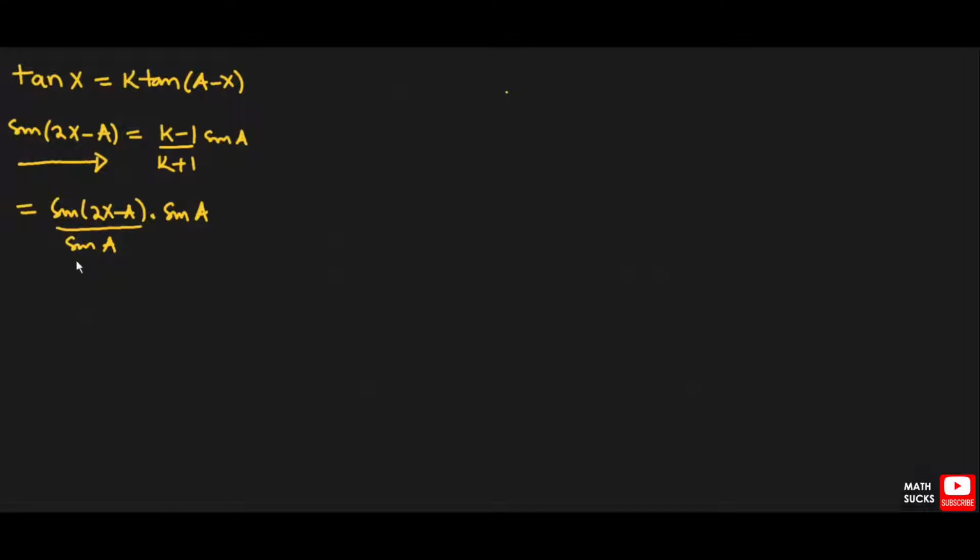Also note that we are given this part from which we can make k the subject in terms of tan, which is the k we are most interested in for our substitution. So we have already introduced our sine of a, it's here, but now our target is to compress this as much as possible or expand it such that we come up with k minus 1 over k plus 1.